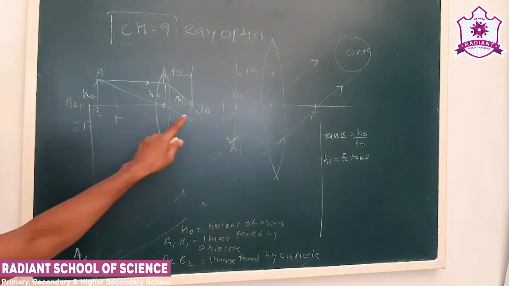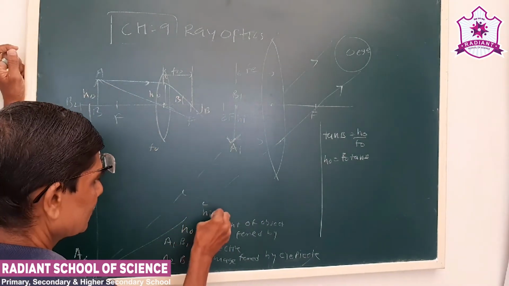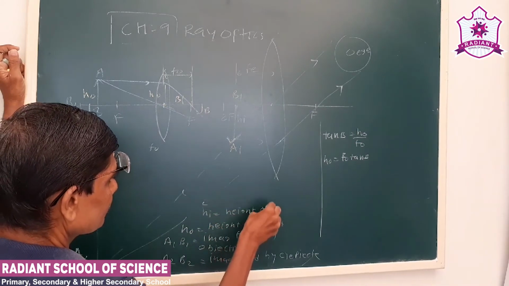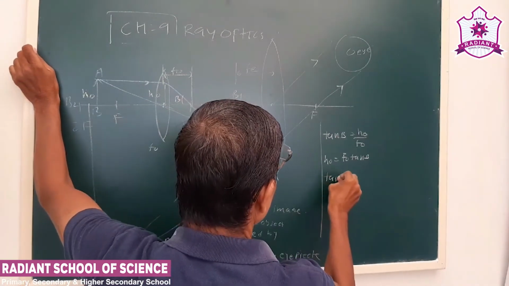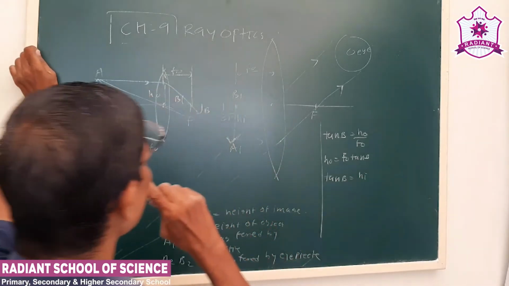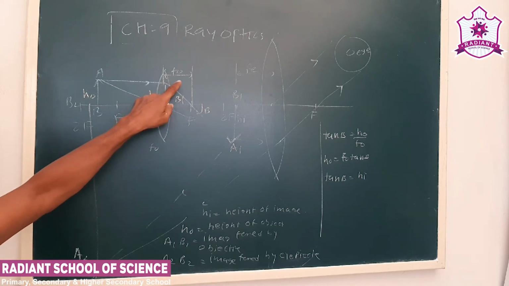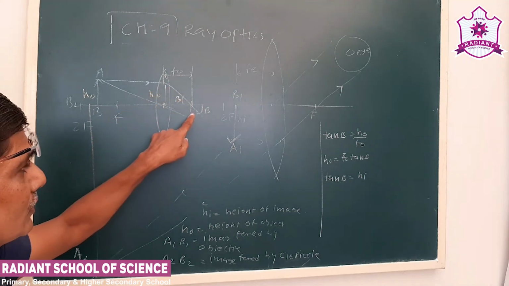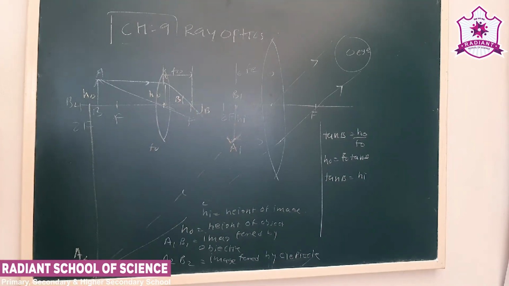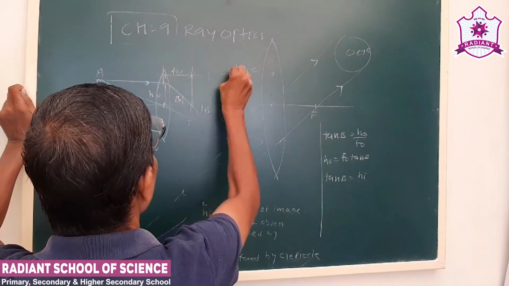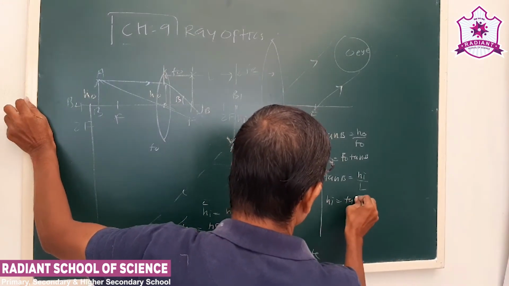Now tan beta is also HI upon, where HI is the height of the image formed by the objective. The distance between the second focus of the objective and the first focus of the eyepiece is called the tube length, that is L. So tan beta is HI upon L, so HI is L tan beta.